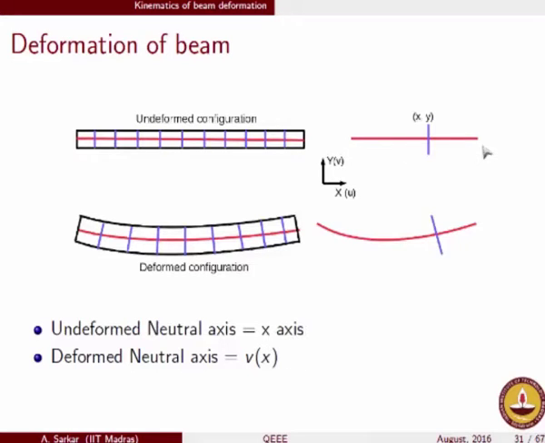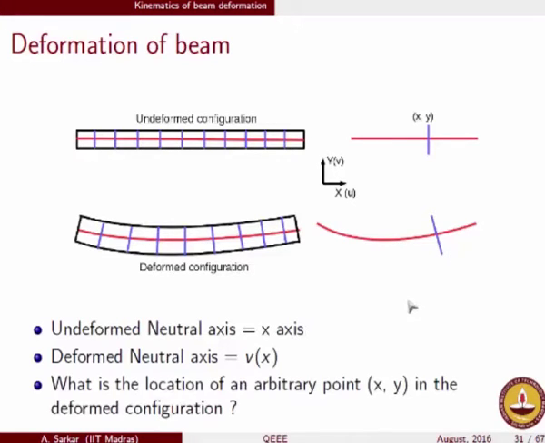We know that x initially corresponds to the neutral axis in the undeformed state. If you really wish to draw this curve of the neutral axis, what is called the elastic curve for the beam, then you have to determine this function v of x. That is how exactly each and every point on the neutral axis has moved up or down.